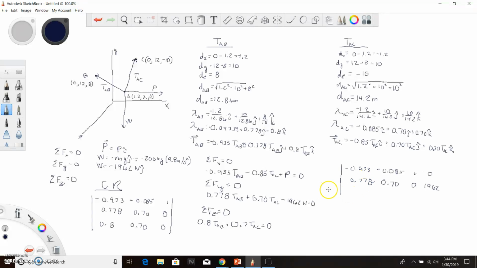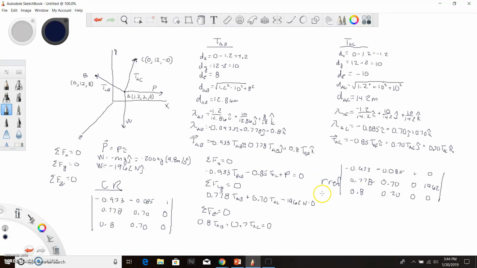Next, the z direction: 0.8, 0.70, no P's, and it's equal to 0. That is what my augmented matrix will look like.